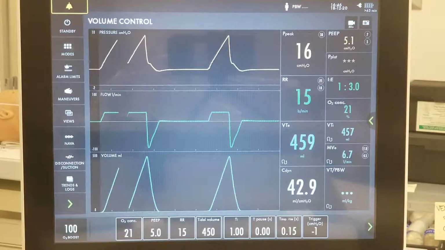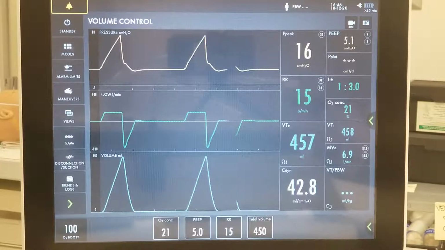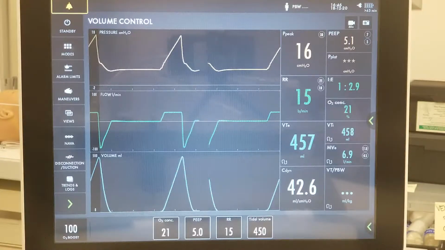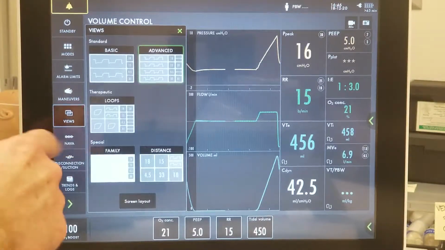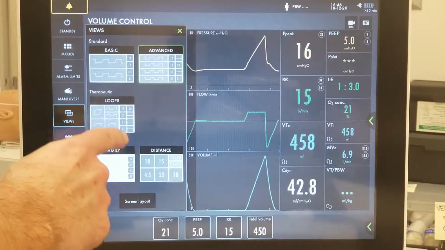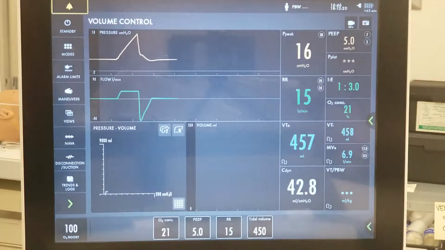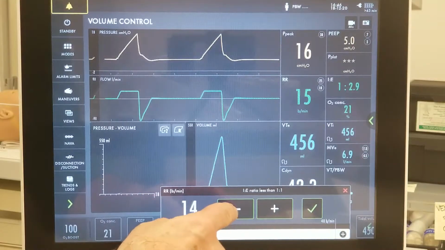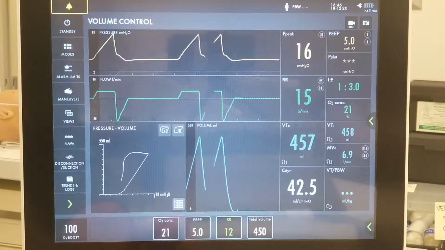By increasing the number of breaths we get per minute, we have, in effect, also increased the IE ratio. And so when we look at our IE ratio, 1 to 3, watch when I put this down to a rate of 12, you'll notice our IE ratio changes, right?